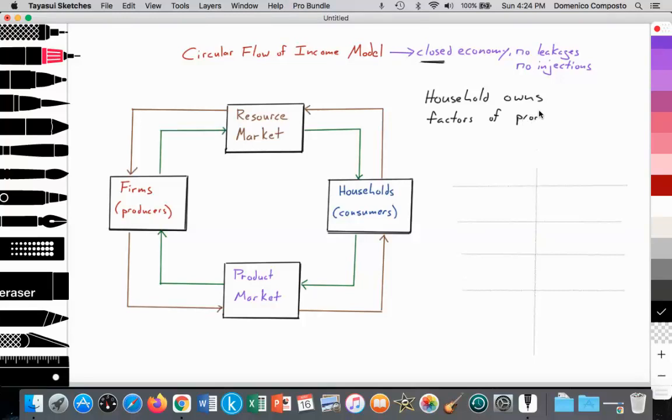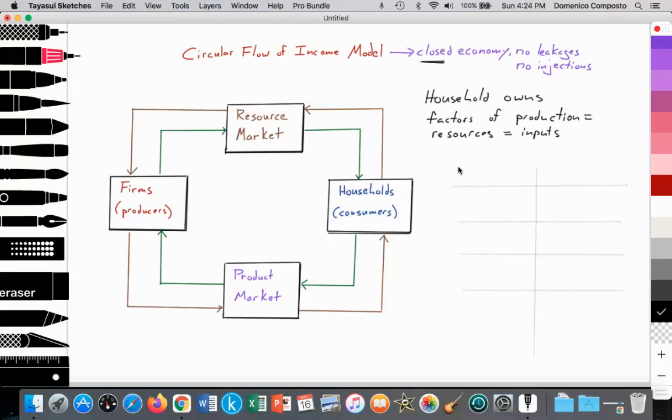And factors of production is another word for resources, which is another word for inputs. All right, effectively, in economics, these are the same things. Factors of production is the same as saying resources, the same as inputs.